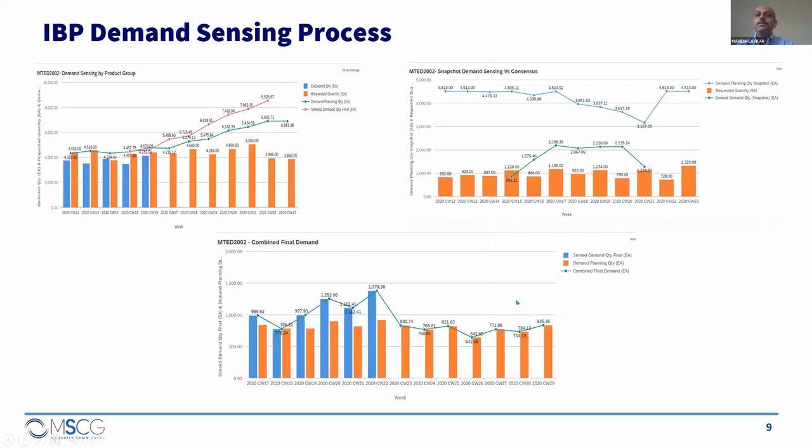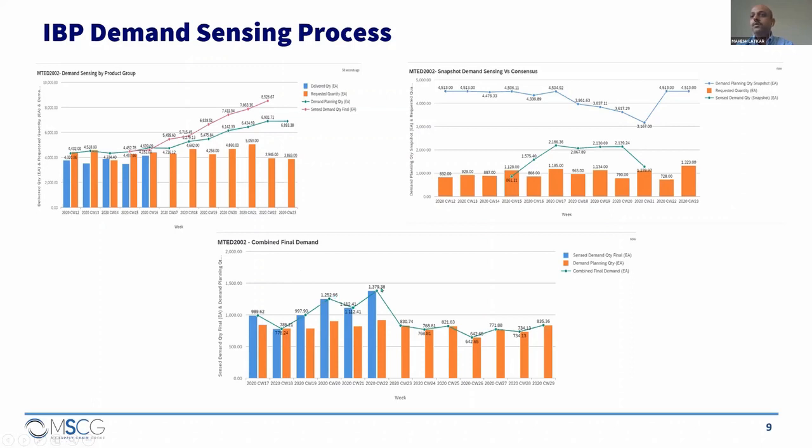The third one is combined final demand, which is one of the standard key figures. Here we are trying to show sense demand and demand planning quantity. Sense demand is in blue bars and demand planning quantity is in orange bars. In the near-term data, it is picking up sense demand quantity for the first 4 to 6 weeks as part of combined final demand.